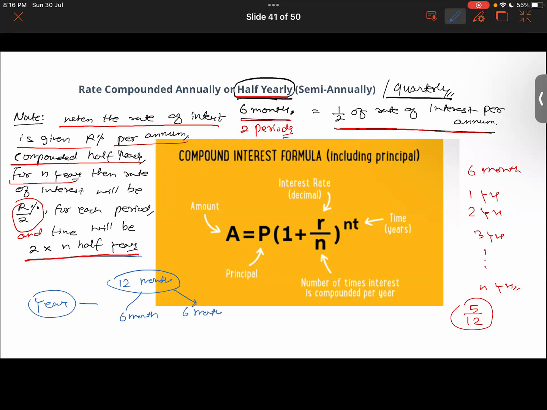So if the bank charges you interest for 6 months, that is for half yearly. So let's say for one full year, the rate of interest bank was charging you 8%. So for 6 months, what would be the rate of interest? It will be 4%. So if 8% was R percent, for half yearly, it became R upon 2%. That is basically how you calculate rate of interest for half yearly. Got this, Ahmed? Yes, sir.